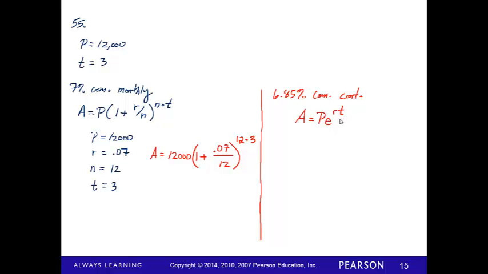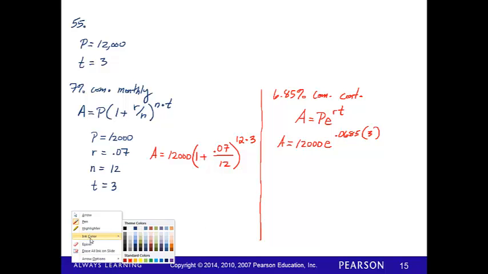There's no N in this problem because it's compounded continuously. So now we have A being 12,000 E, the rate has changed to 0.0685 times 3. Type both into your calculators and you decide which one gives the better return.